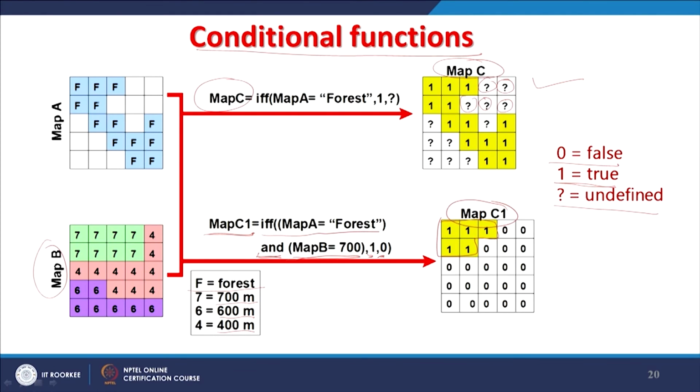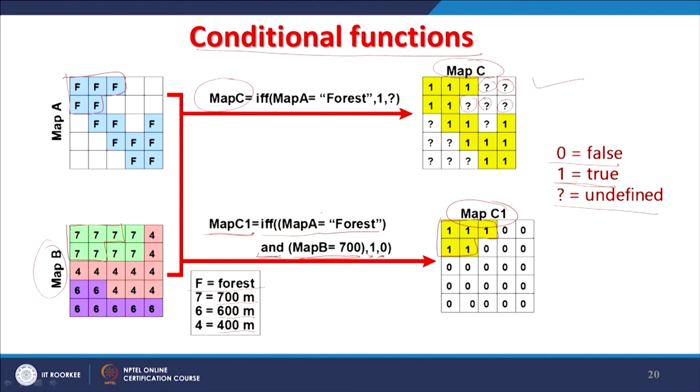So, these areas definitely have forest, and also map B is 7. 7 stands for 700. So, these are satisfying that condition. The rest are not satisfying, and therefore, in this binary map only 1 will show true, otherwise 0 or false. So, all kinds of operations in combination.